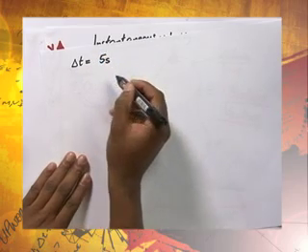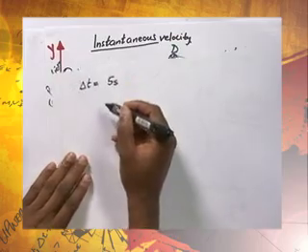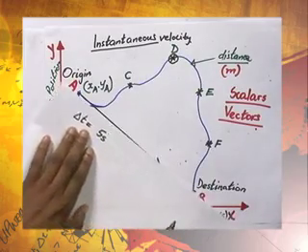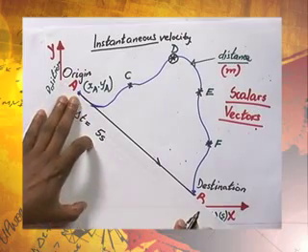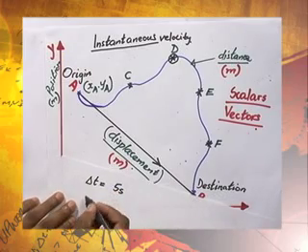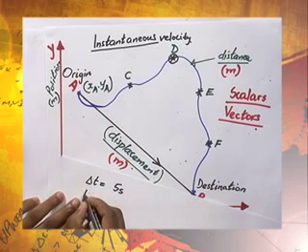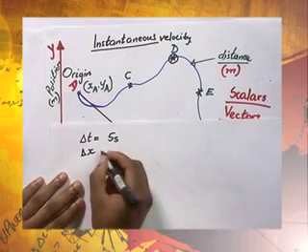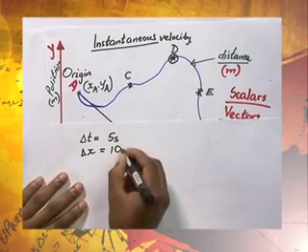Say it took that time for the whole journey, and when we measure the change in position, we find that the whole displacement is 10 meters. So your delta x is 10 meters.